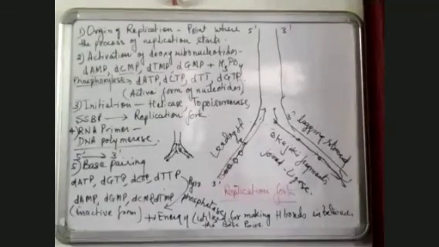Whatever new points you can add on your own, you can add a few. So under 5 headings, you can write down the process of replication, which I have summed up on the board. So this is the complete process of replication. And practice the diagram. Try to write the process of replication on the basis of these points.